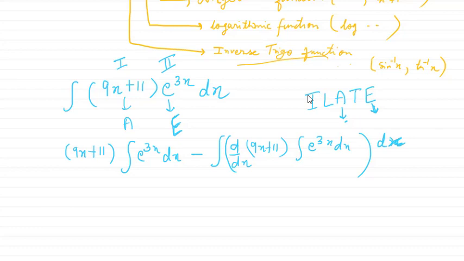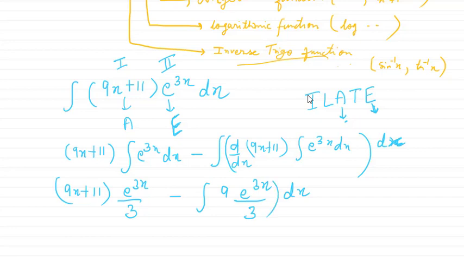Now we can write it as 9x plus 11, and you know the integration of e to the power 3x will be e to the power 3x by 3, minus the differentiation of 9x plus 11, which will be 9 only, and here you will get the same thing as here, e to the power 3x by 3, and then you have to integrate it again, and then you can give a plus c.